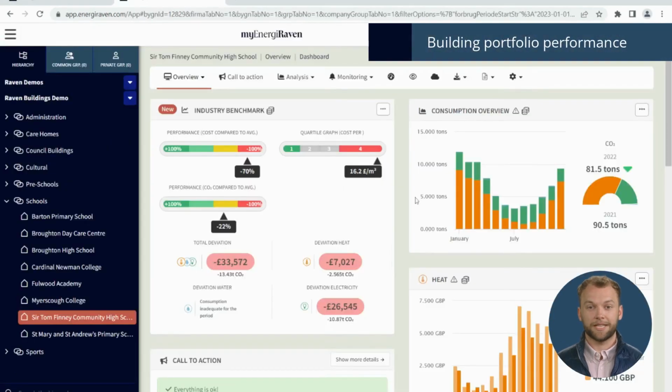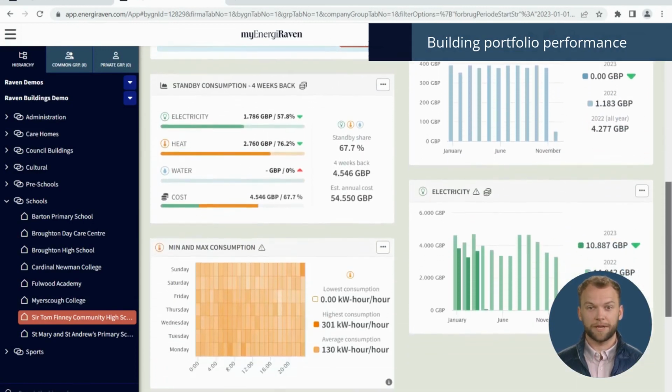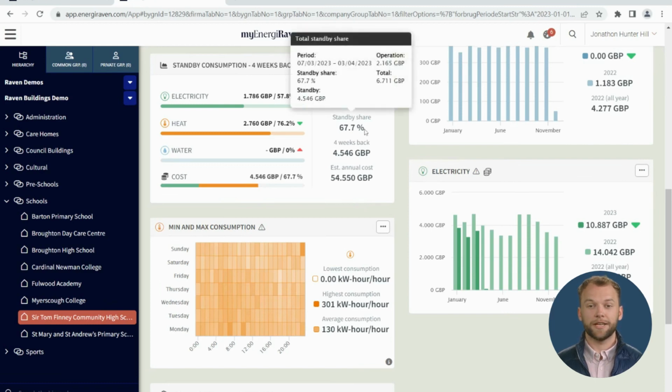Much of the energy wasted in buildings occurs when they are unoccupied, often due to human intervention and poor management of controls and services. Standby consumption shows us which services are being used outside of the building's operational hours, and is represented as a percentage and a cost, so we can get a feel for how much energy waste is costing us.